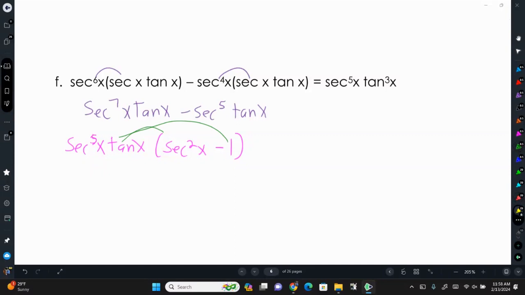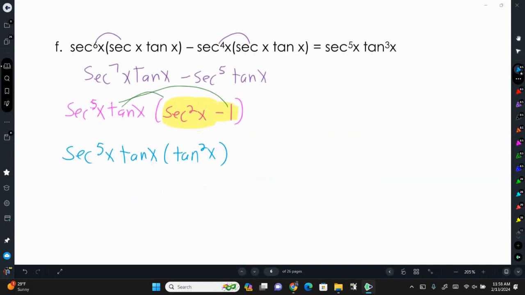According to our identity sheet, secant squared minus 1 is equal to tangent squared. So now we have secant to the fifth x times tangent x times tangent squared x. And you see what we're trying to do is get secant to the fifth times tangent to the third.